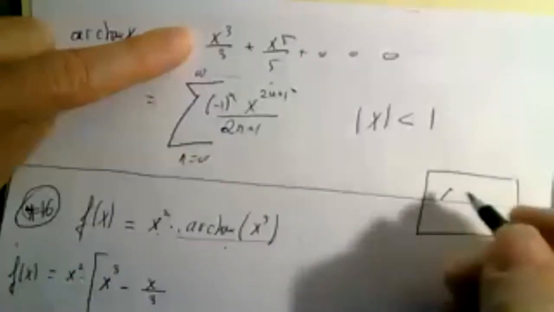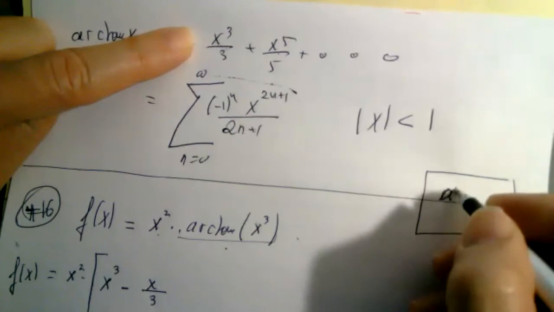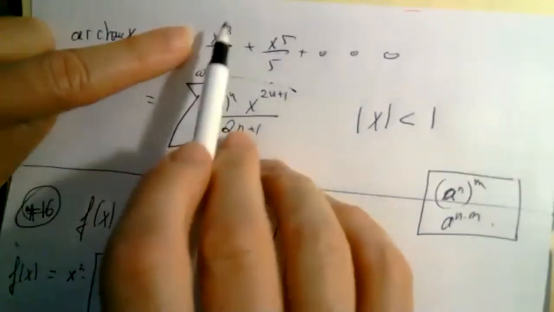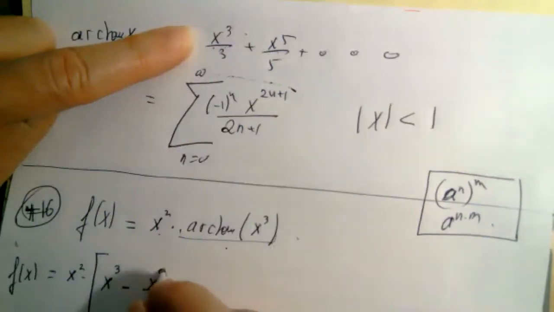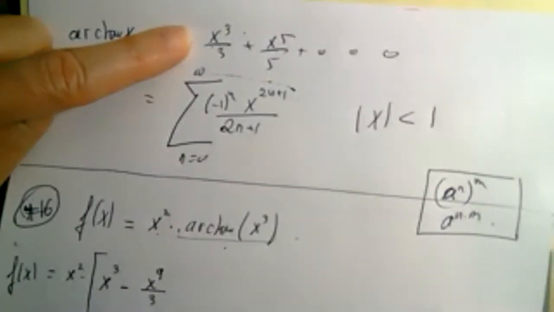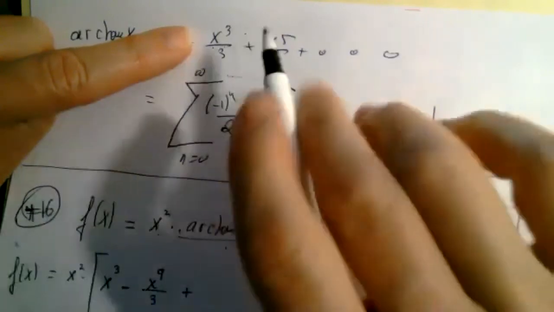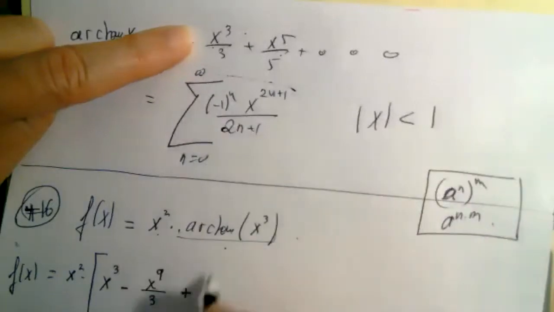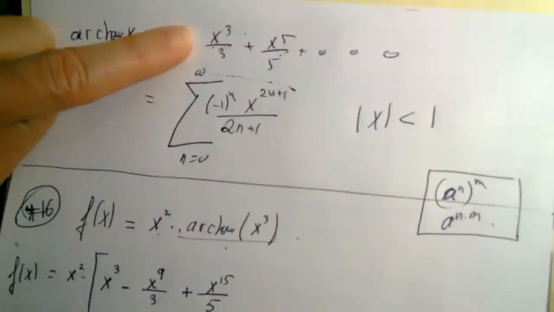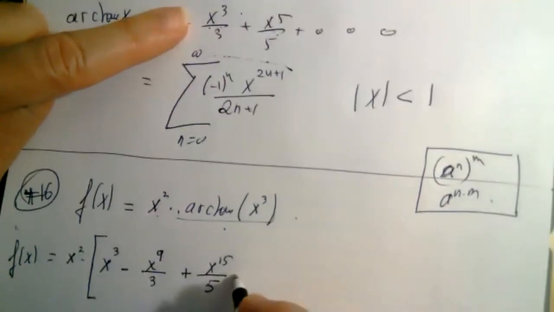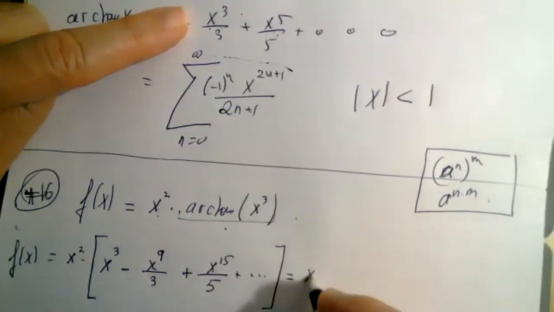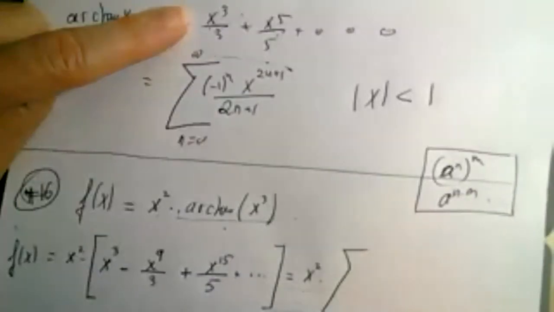If you take in general a to the n, you raise to the power m, you're multiplying the power. So this is x cubed to the power 3. I multiply my power, I get x to the 9. Plus, instead of x, I'm going to put x cubed to the power 5. That's going to give me x to the power 15 over 5. So that's still in, etc., which is equal to x squared times the following.